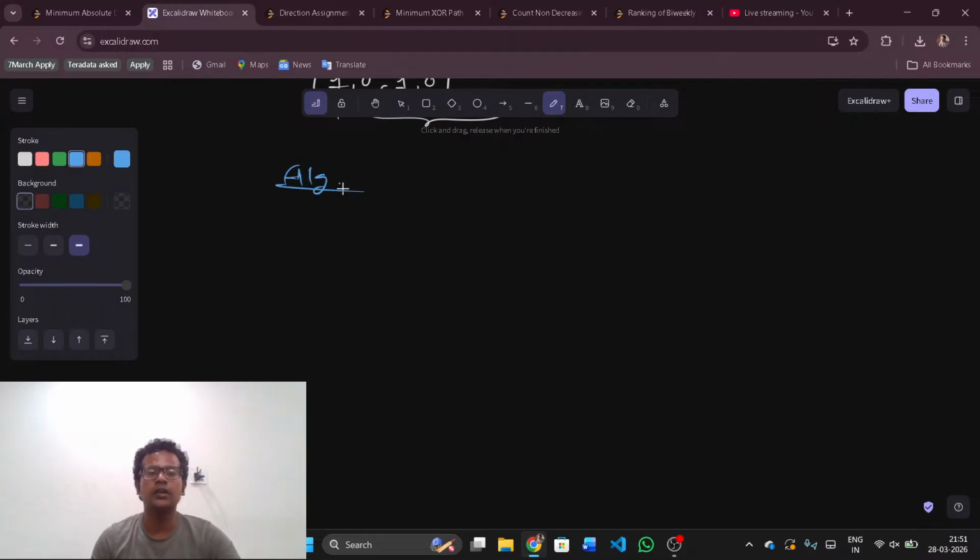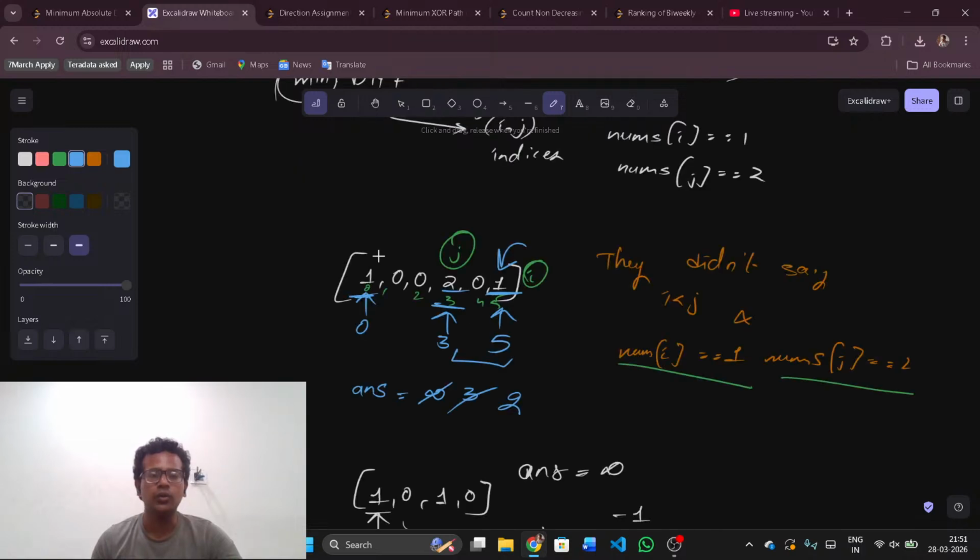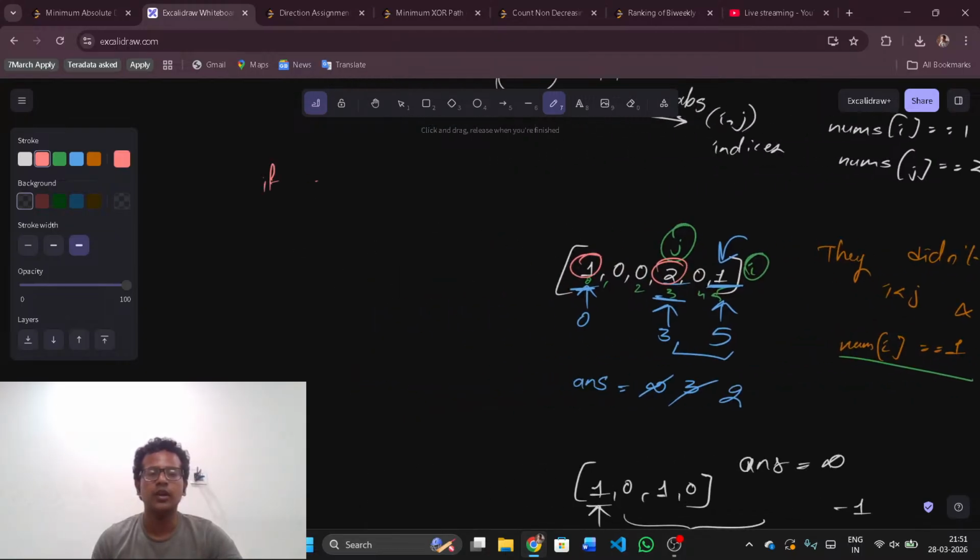So let me write the algorithm first. I know I have a 1, and I know I have a 2. If I need the difference, I need to track the previous one and the previous two.